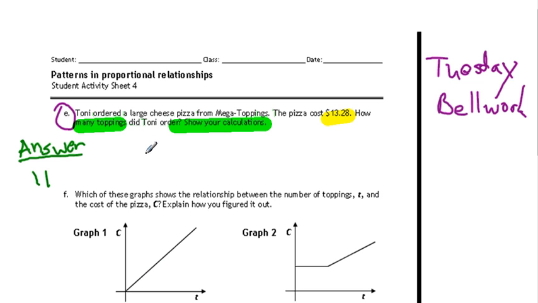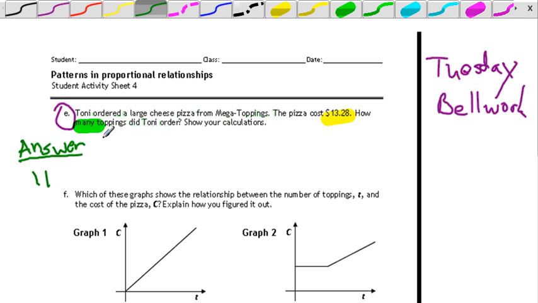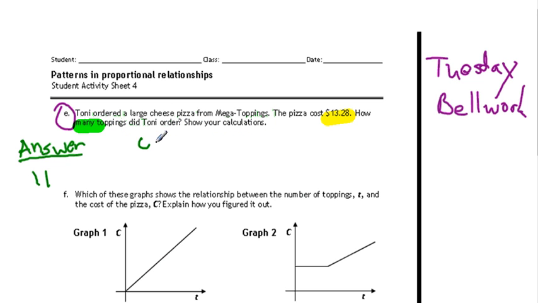Now, let's show our computation. And the computation is going to be different. So our computation is going to look like this. We have $13.28.